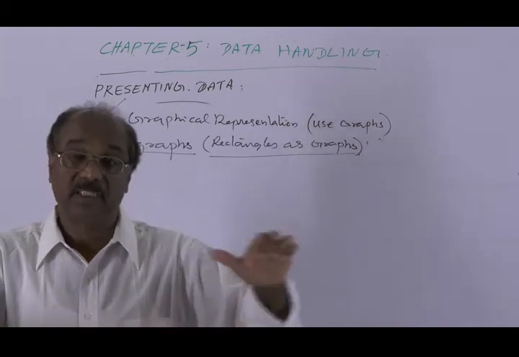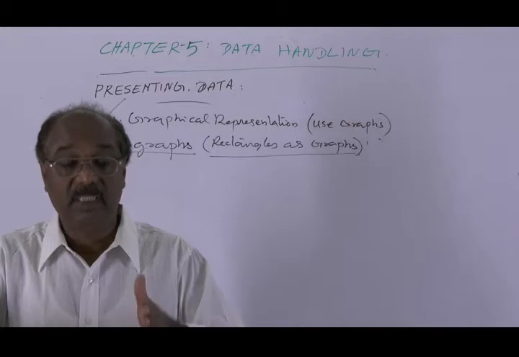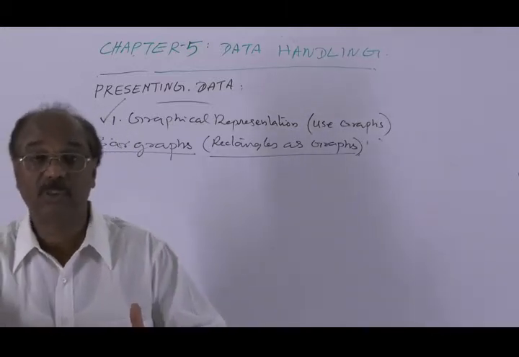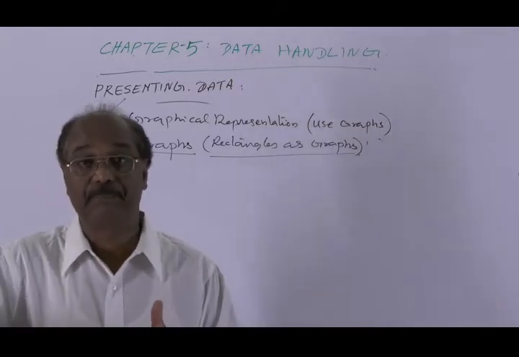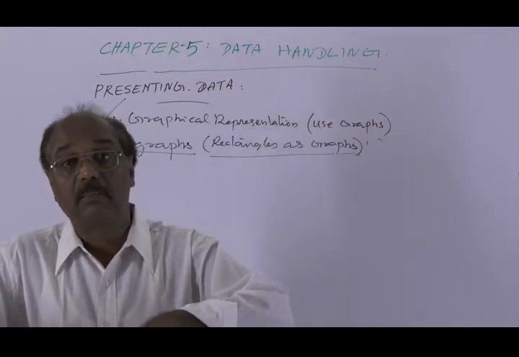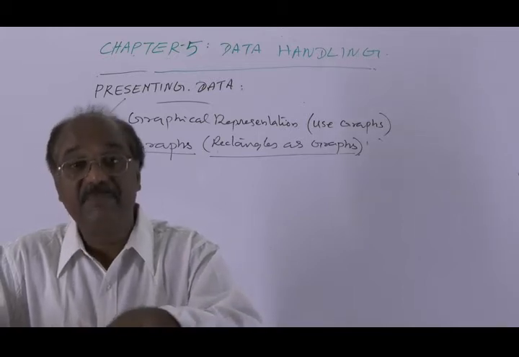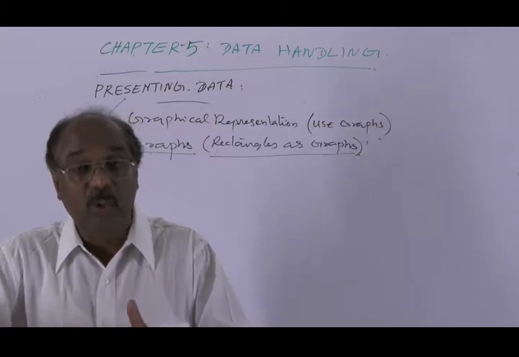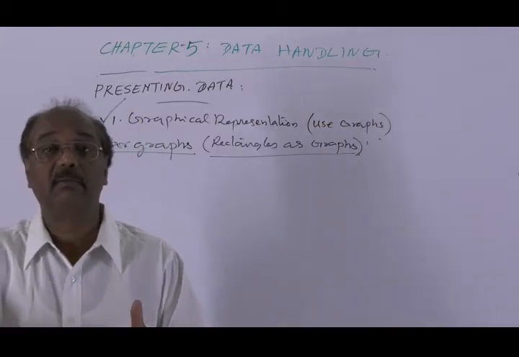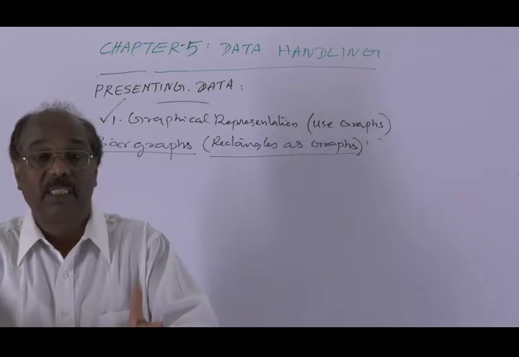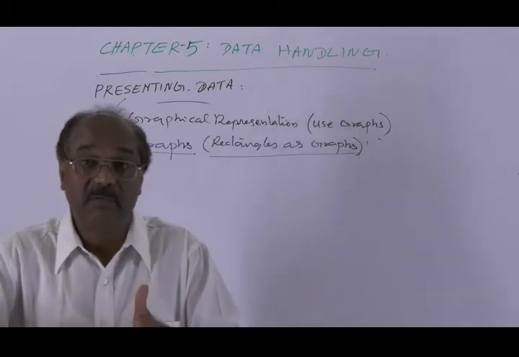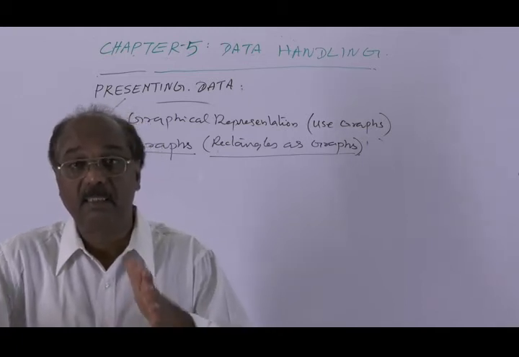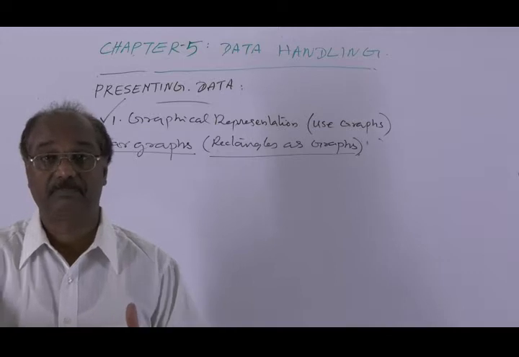For all the observations, we construct bars corresponding to the numerical values. These bars are of the same width and erected on a horizontal or vertical line with equal spacing in between two bars.